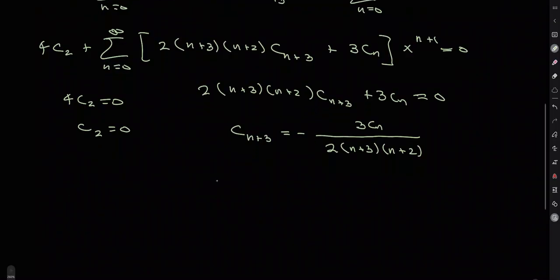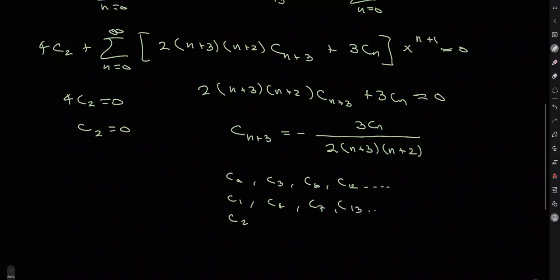So that means the coefficients will split into three independent chains. That is, one chain for c sub 0, another chain for c sub 1, and then another chain for c sub 2. So I'm going to add 3 to all of the subscripts in the first chain. So that'll be c sub 3, c sub 6, c sub 9, etc. And for c sub 1, add 3, that's c sub 4, c sub 7, c sub 10, and so on.